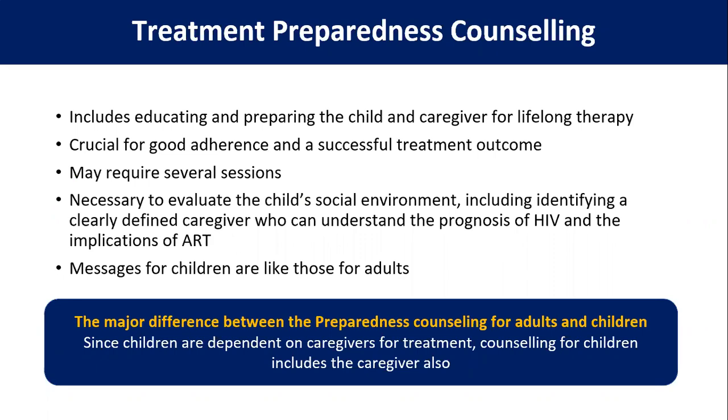It is necessary to evaluate the child's social environment, take the social environment of the family, and identify who is the caregiver who can give this ART to the child, because once we start ART, it is lifelong. We also have to take into consideration the confidence of the child and who the caregiver is. The major difference between preparedness counseling for adults and children is that since children are dependent on the caregivers for treatment, the counseling for children includes the caregivers. Next.